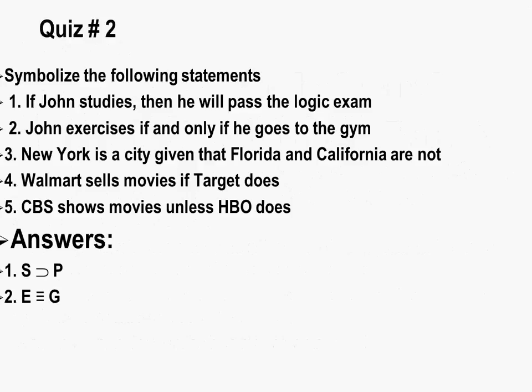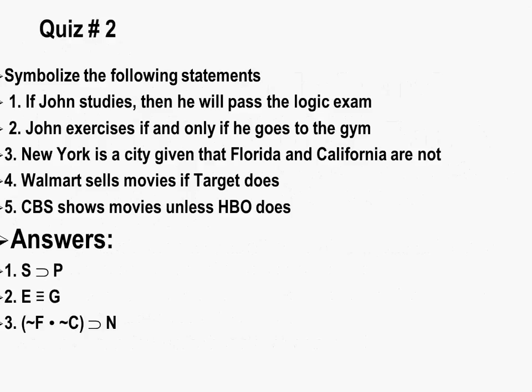Okay, number 3, New York is a city given that Florida and California are not. If you think about it, what is going on here is that the given that signals a hypothetical situation, and that would be the if, right? Another way to read this is, if Florida and California are not cities, then New York is a city.